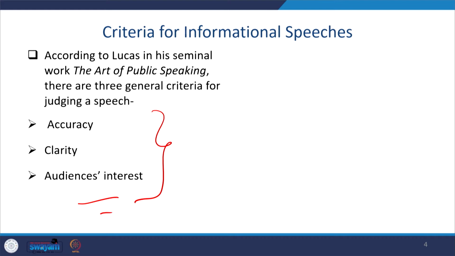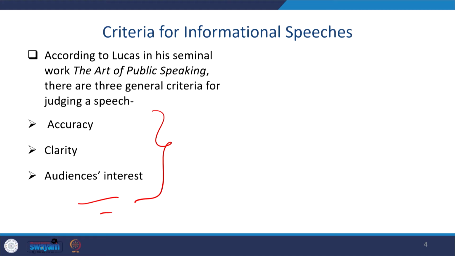The very first is accuracy. Whatever piece of information you are going to provide your listeners with, they ought to be very accurate, because this information is going to help them in the days to come.